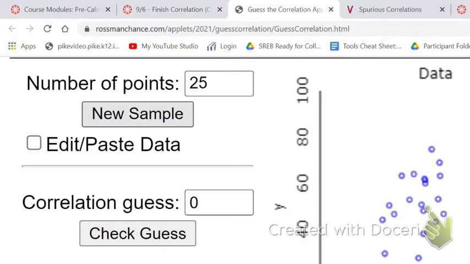What do strong relationships look like as scatter plots if they're not perfectly correlated, not a perfect one or a perfect negative one? What do they look like if they're moderate? Do you guys think this one is strong, moderate, or weak? This one looks pretty weak. Positive or negative?